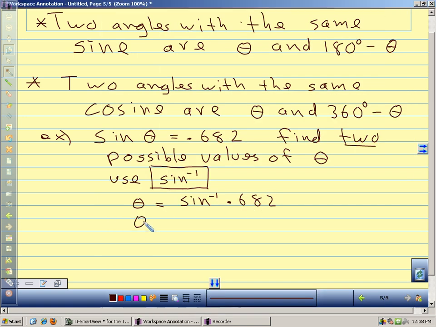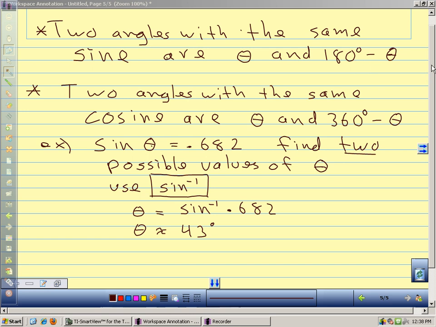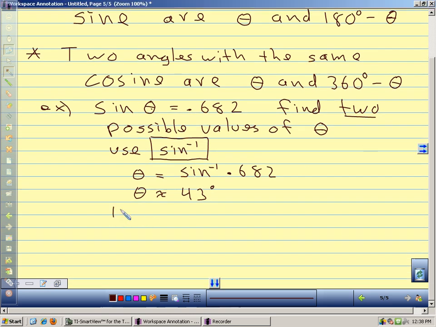Theta is about 43 degrees. Our other possible value is 180 degrees minus theta. 180 degrees minus 43 degrees is 137 degrees.